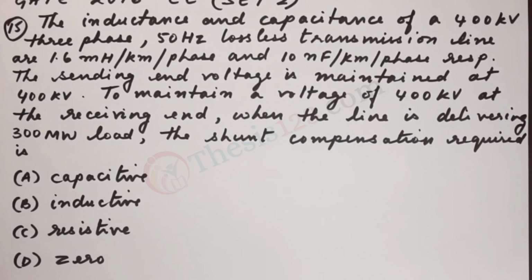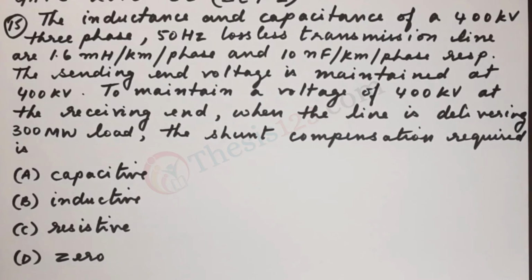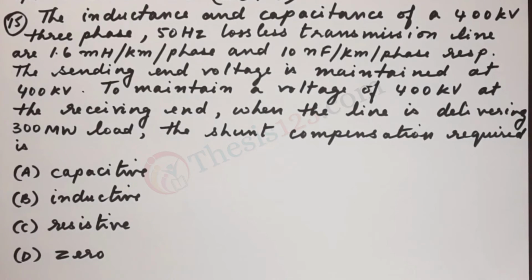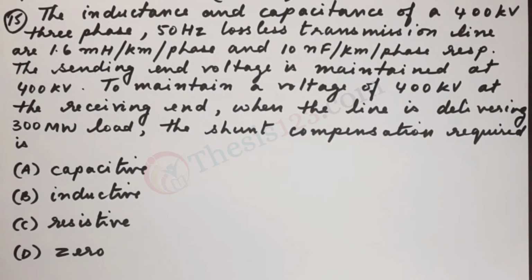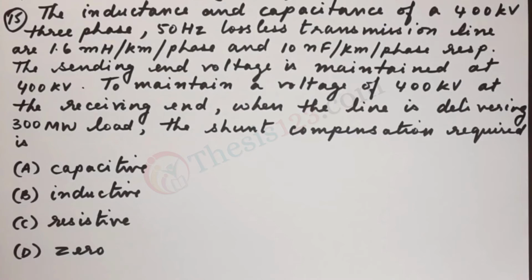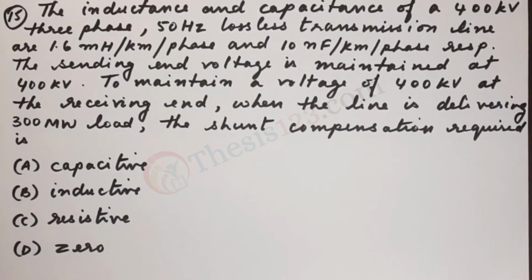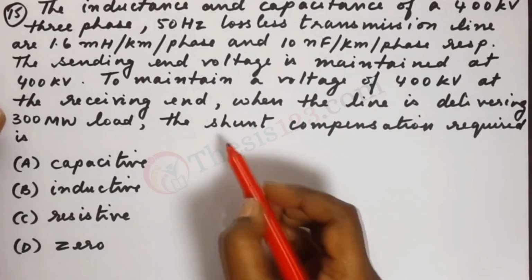To maintain a voltage of 400 kV at the receiving end, when the line is delivering 300 megawatts of load, the shunt compensation required is A. capacitive, B. inductive, C. resistive, or D. 0.